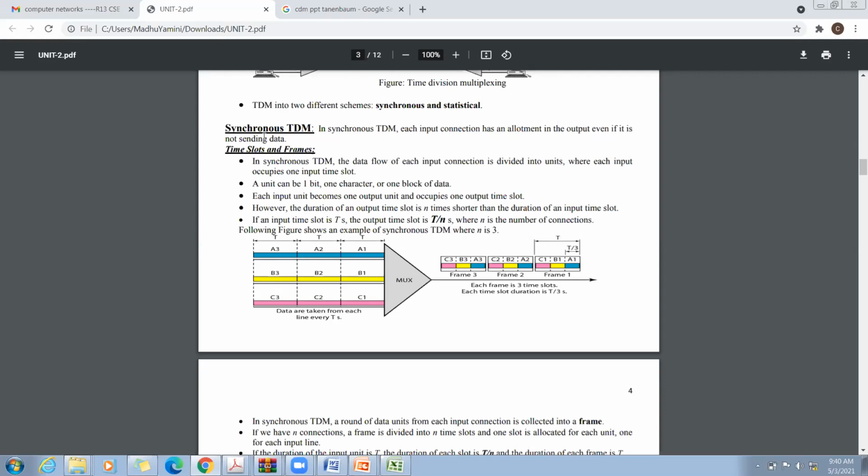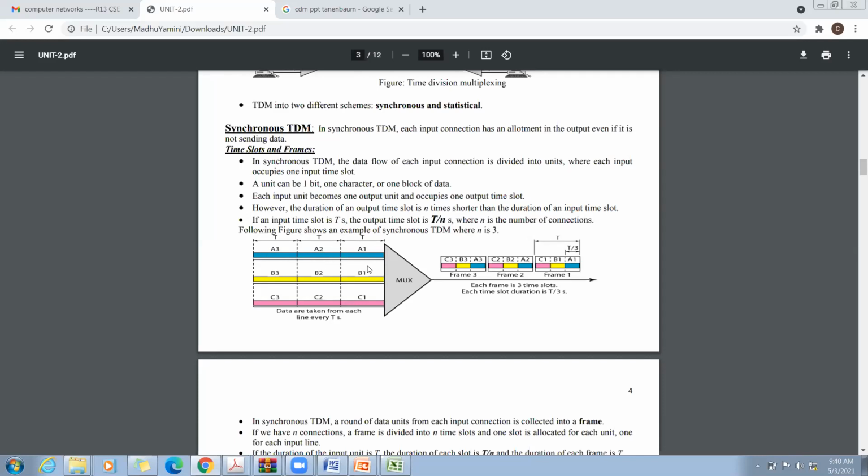I will show how we are allocating the slots, even when a connection is not sending data. See the diagram; I explained a bit in the last class also. This is synchronous time division multiplexing. At the multiplexer side, these are the inputs to the multiplexer. How many users do we have?